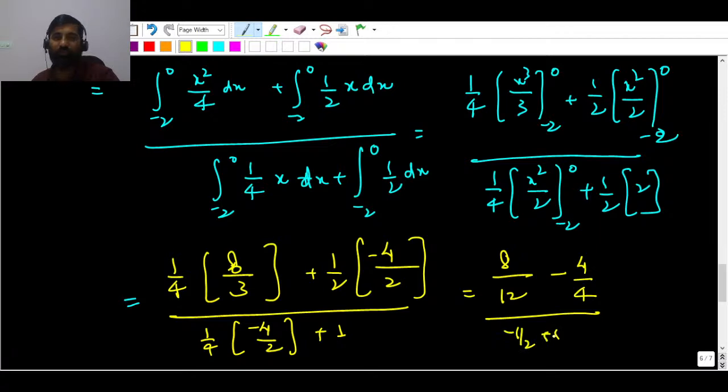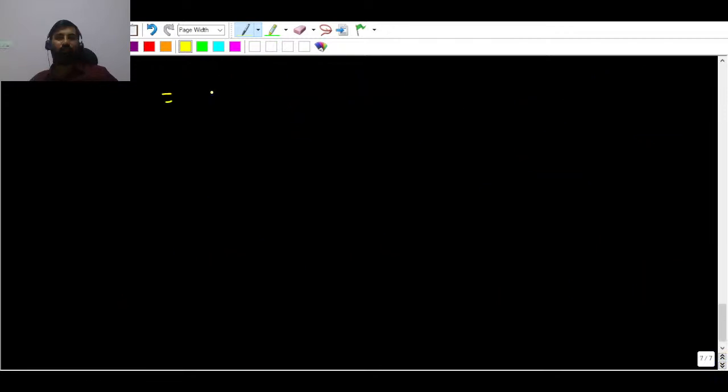By 2 here you can cancel. So here you can make 12 in the denominator as well, so multiply by 3, 8 minus 12 upon 12, over 1 by 2. If you go ahead, it will give you minus 4 upon 12, which gives minus 1 by 3.